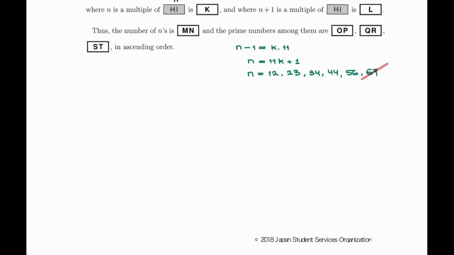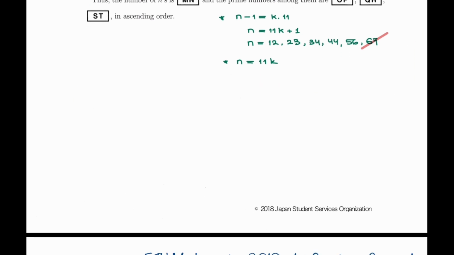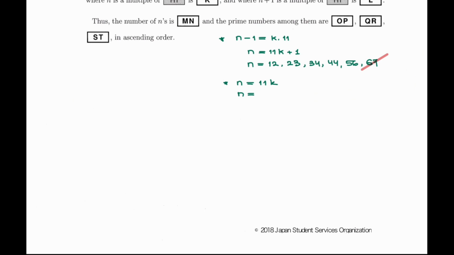By using the same method, now n equals 11 times k, and by changing k using a natural number, when k equals 1, I get 11, and when k equals 2, 22, and so on, 33, 44, 55, and 66.